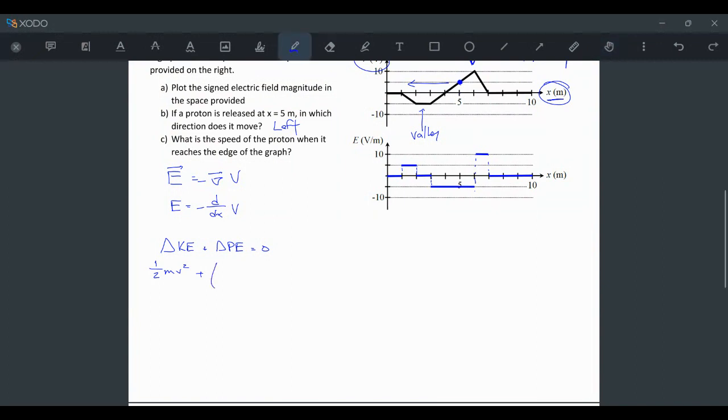Now, the potential energy change here can be equal to minus Q delta V, where delta V is the change in potential. Minus? No, it's not minus. It's positive. Sorry about that.